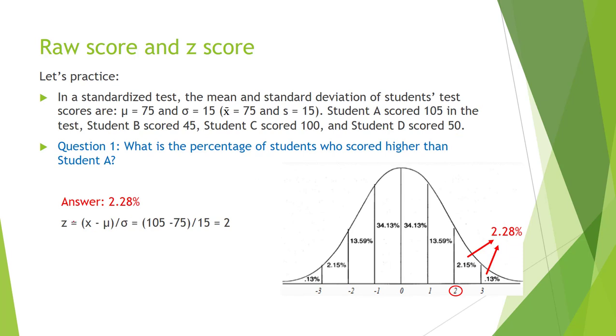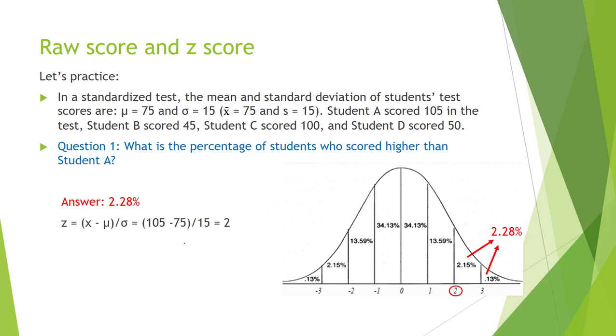My question is, what is the percentage of students who scored higher than A? Student A got a raw score of 105. I'm going to convert the raw score into a z-score using the z-score formula.